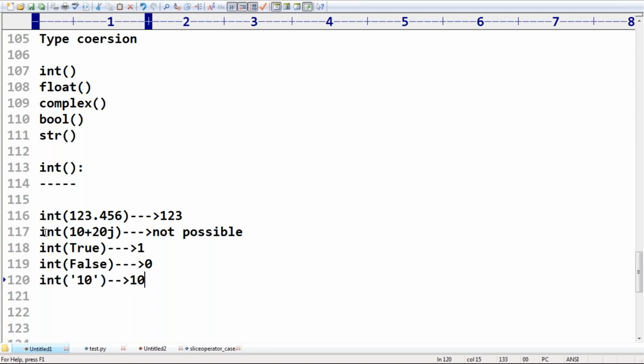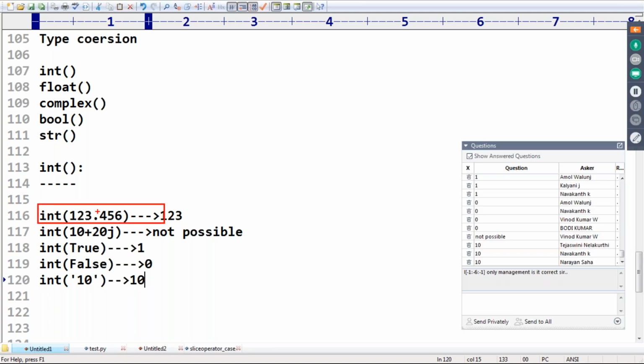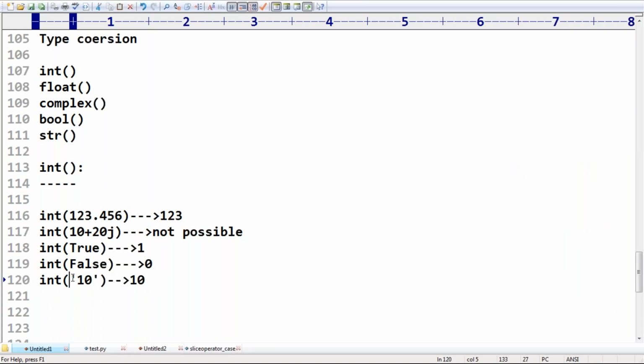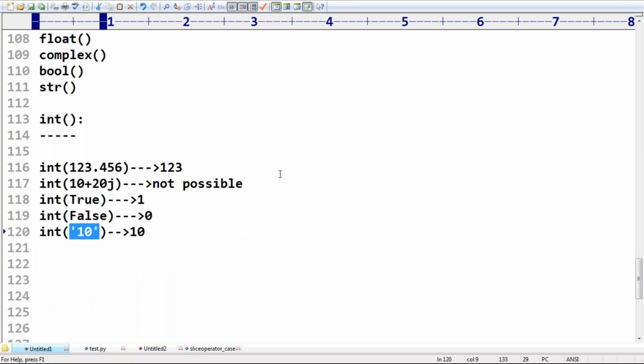But here, what rules do you have to take care of? For float, straightforward: the digits after the decimal point will be gone. Sir, complex, straightforward: no such type of conversion. Complex to int you can't convert. Boolean values, straight answers only. But here for the string, compulsorily you people should be aware.